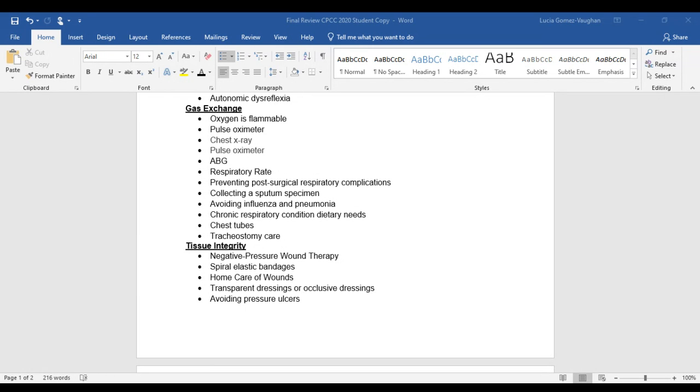Continuous bubbling in the water seal confirms a persistent air leak, either in the patient's thoracic cavity or possible tube connections. Intermittent bubbling with gentle float auscultation confirms the presence of an intermittent leak. No bubbling with minimal ball float auscultation at the bottom of the water seal indicates no air leak is present.